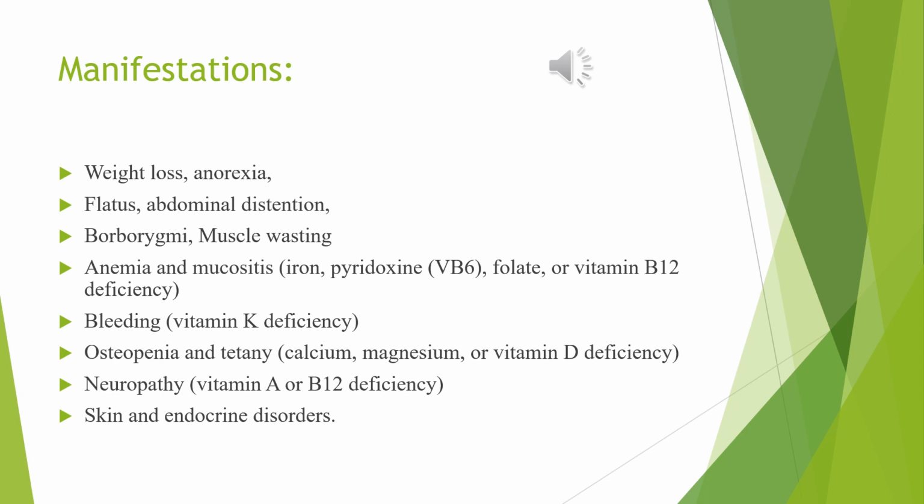Another manifestation is flatus or abdominal gaseous distension. This is a common manifestation of malabsorption due to the malabsorption of disaccharides or carbohydrates. These materials stay in the intestinal lumen, and the normal flora and the bacteria act upon them and cause their fermentation with the production of gases, and this will result in abdominal gaseous distension.